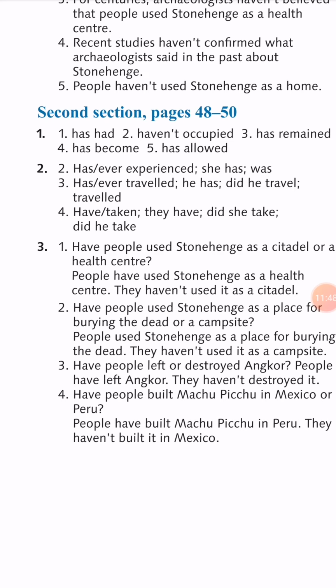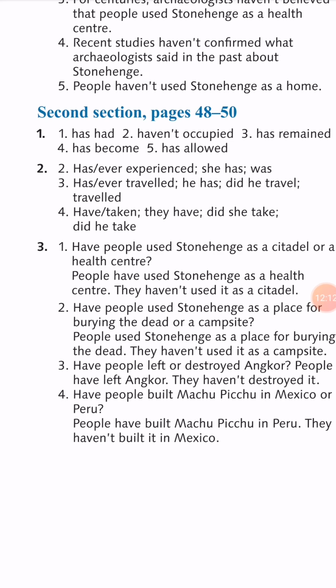If you see a tick next to the question, you have to answer in the affirmative. And if you see a cross, you have to answer with its negative form. As we said, we have 3 parts of the rule: the first affirmative, the second negative, and the third interrogative.